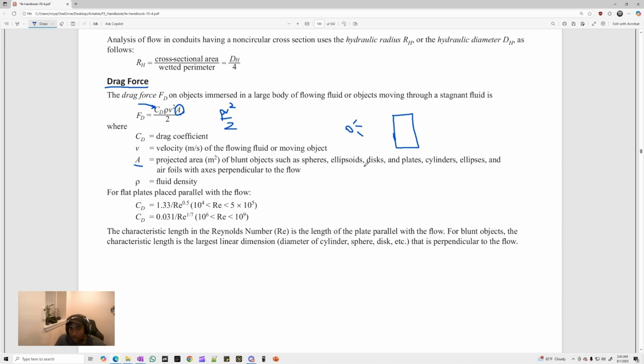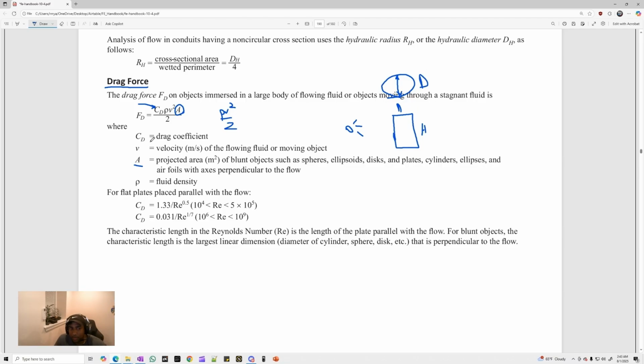What you would see for a cylinder is a rectangle, and it would have a height h, and its diameter would technically be its width. What about for the sphere? If you're looking from the flow side to that spherical object, then all you would see is a circle with diameter d. So that is the frontal area that we're going to be talking about.